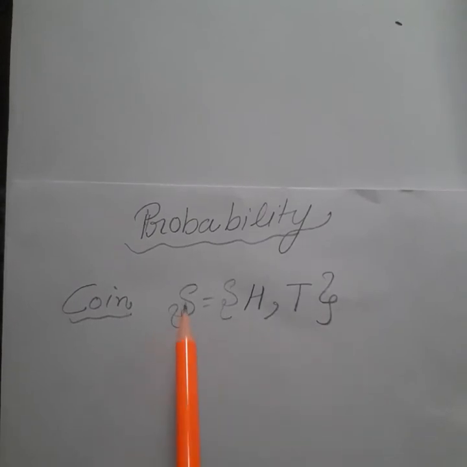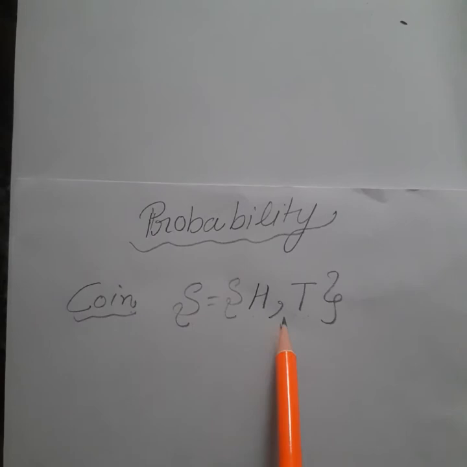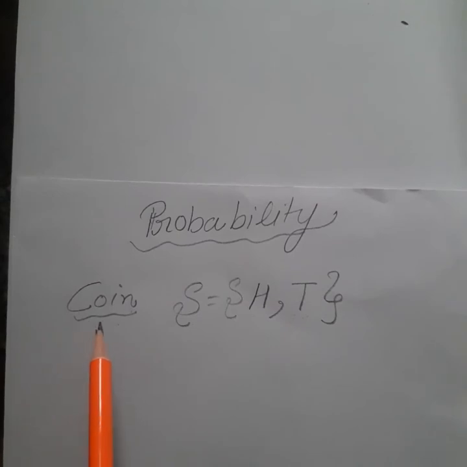So what is the sample space? Sample space is the collection of all the possibilities you can have in your topic. Like here, you have a question of tossing a coin.